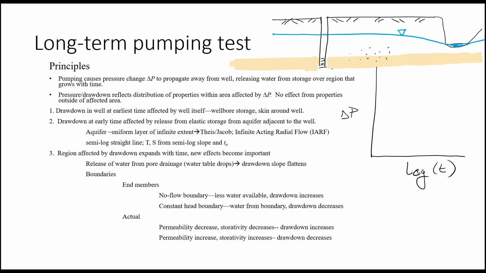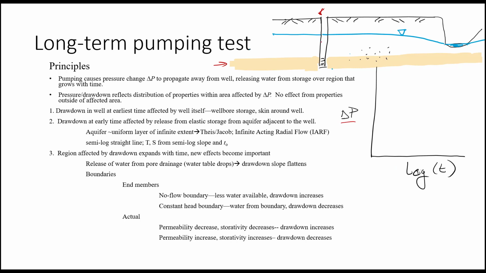So I just have a sketch up here of a simple aquifer, and what I want to do is take a look at what happens when we start pumping at this well here, and we get a drawdown as a function of the log of time plotted down here on these axes.